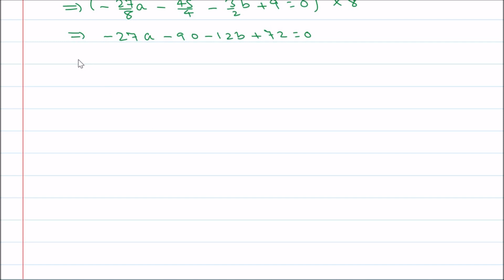If you simplify this, we get minus 27a minus 12b minus 18 equal to 0. So we can write 27a plus 12b equal to minus 18.